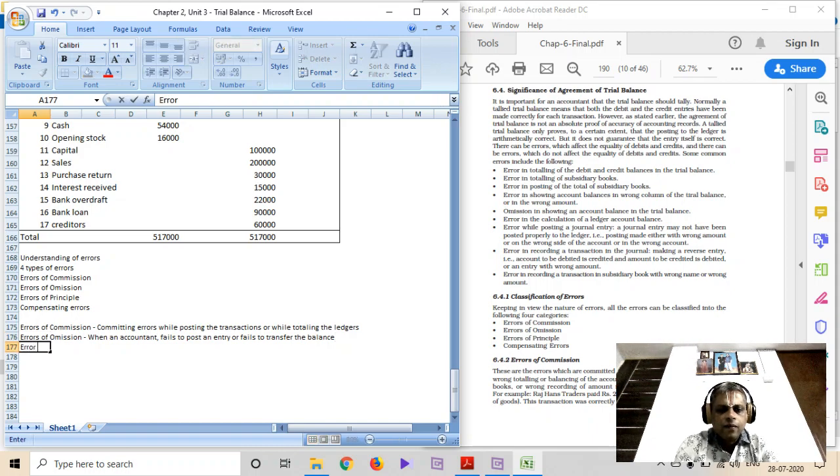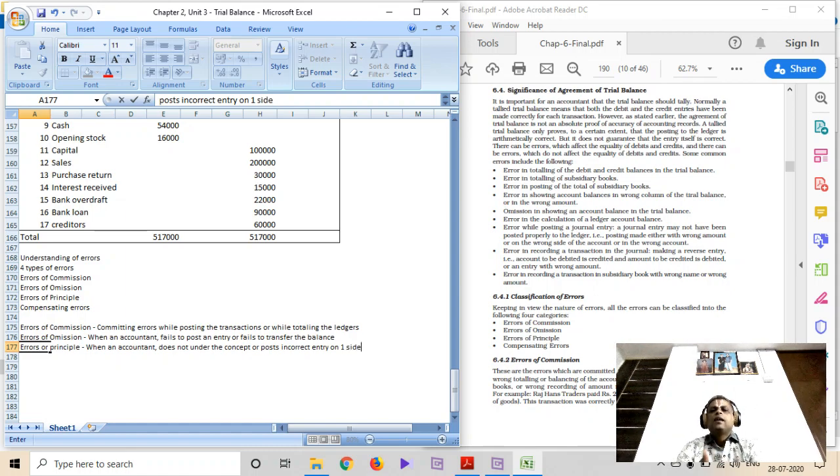What is errors of principle? When an accountant does not understand the concept and posts an incorrect entry on one side, this is called errors in principle.